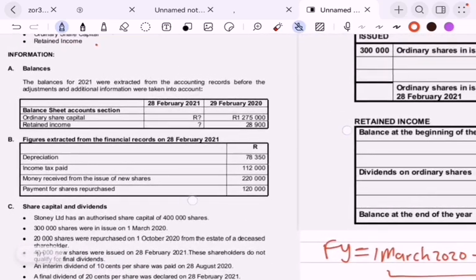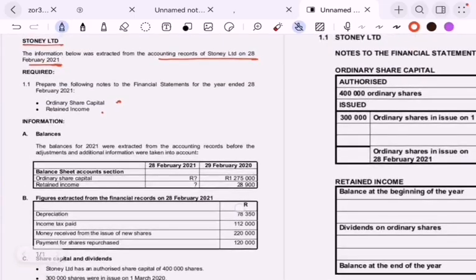Perfect. So now let us go straight to our information and hear what's happening. They said to us, prepare the following notes to the financial statements for the year ended 28 February 2021. Quite easy. With your ordinary share capital, let us first define what it is. Ordinary share capital is basically what we use to acquire capital by trading our shares.